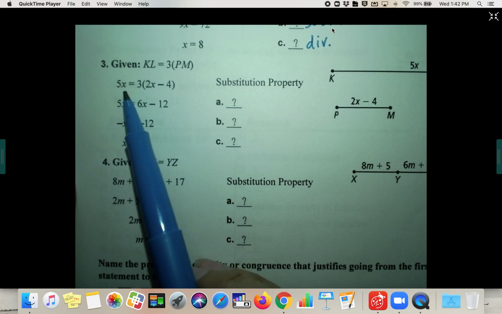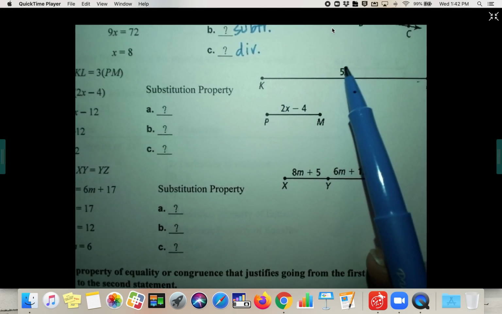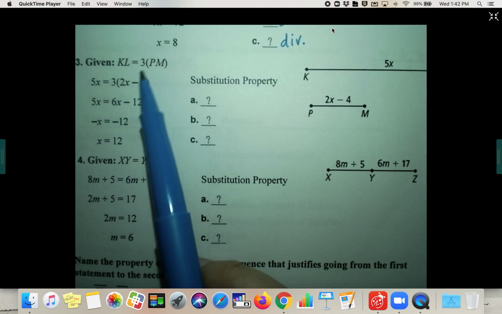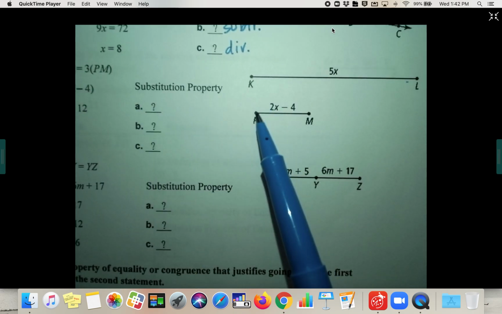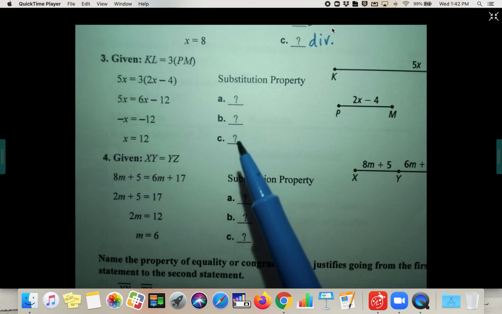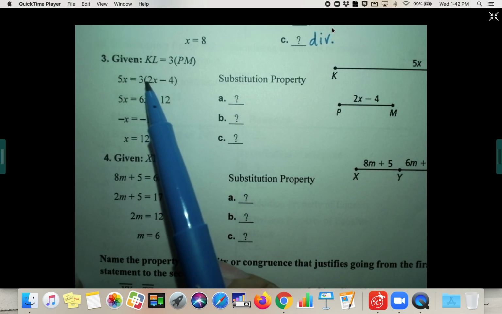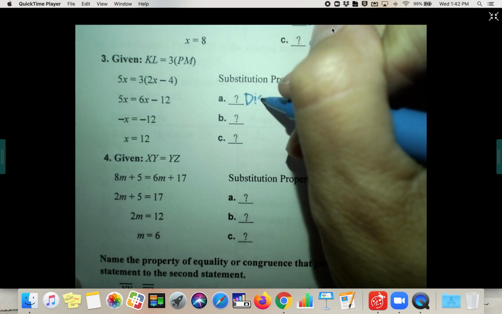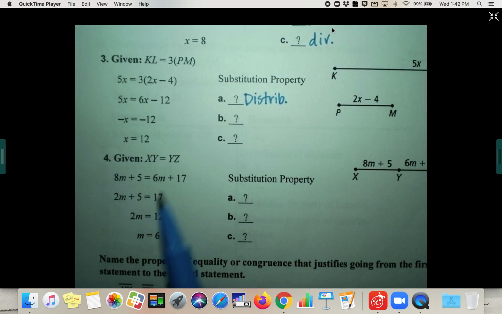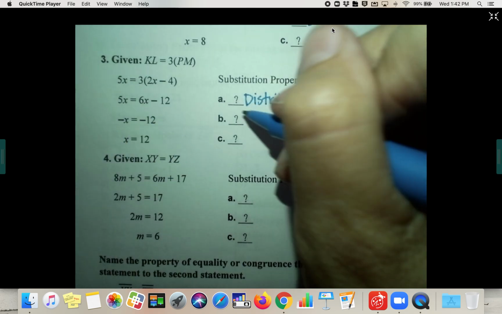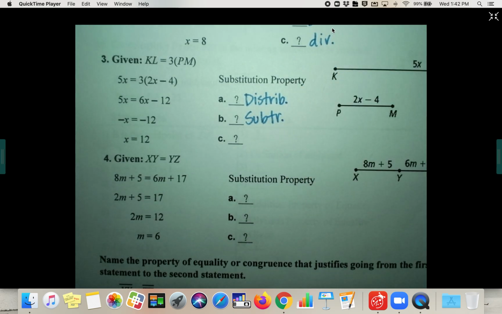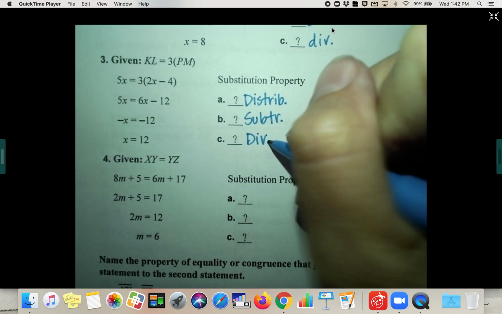They made KL equal to 5x, and 3 stayed 3, but PM became 2x minus 4 because PM is 2x minus 4. The next step down, it looks like they distributed to get 6x minus 12, so this is distributive property. Then they subtracted 6x from both sides, so subtraction property. And lastly, they divided by -1 on both sides, so that was division property.